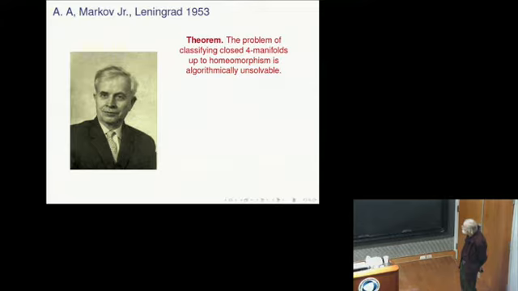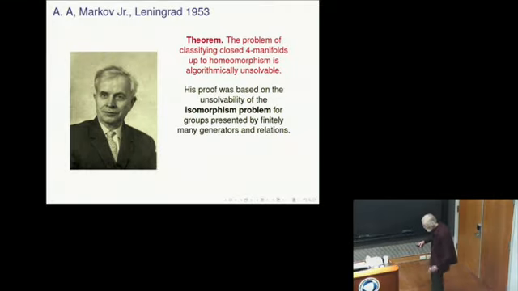The problem of classifying closed four-manifolds up to homeomorphism is algorithmically unsolvable. And he did this by, given any group described by finitely many generators and relations, constructing an appropriate four-dimensional manifold. I guess this had actually been done much earlier, but he found this application for it.